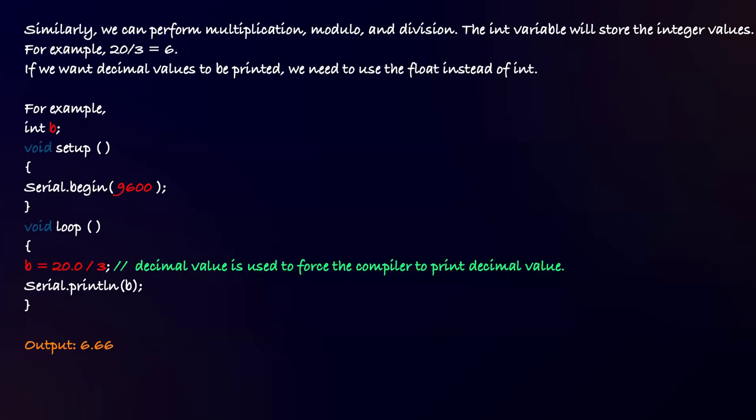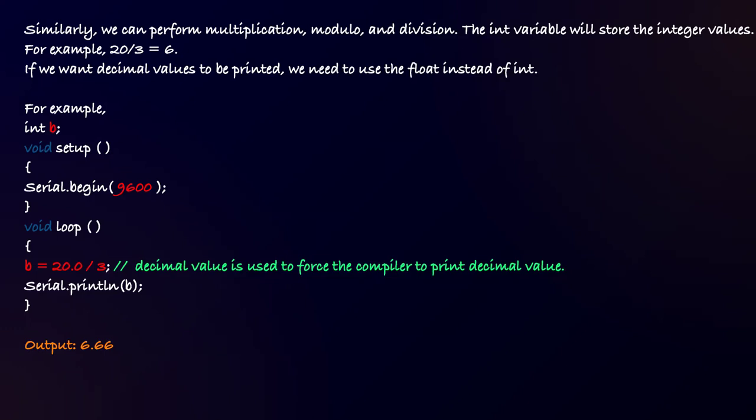Next, similarly, we can perform multiplication, modulo, and division, and the int variable will store the integer values. That's why we are using it. For example, 20 divided by 3, we get 6. Why are we getting 6? Try to understand: because an int value will only give the integer part to be printed.